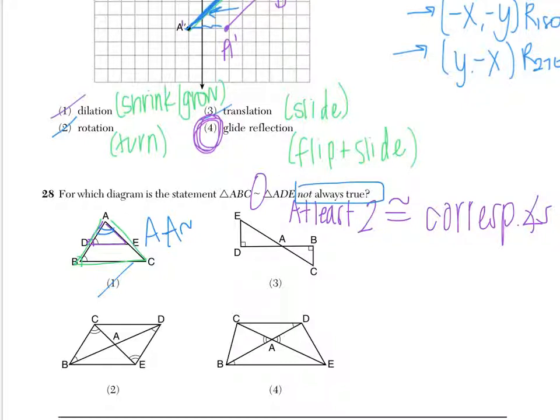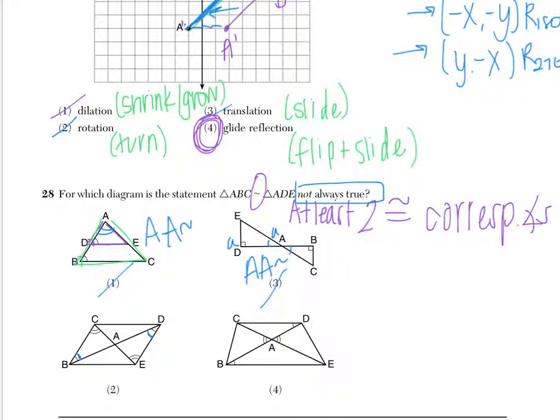In choice 3, just moving to the right here, we have a pair of angles here, and then also these vertical angles could be marked up. So then again, AA similarity, not our choice. In choice 2, we have triangle ABC with angle B marked congruent to angle D in triangle ADE.